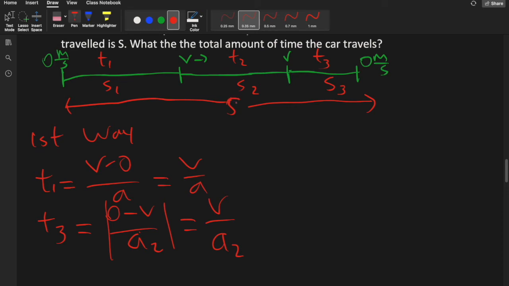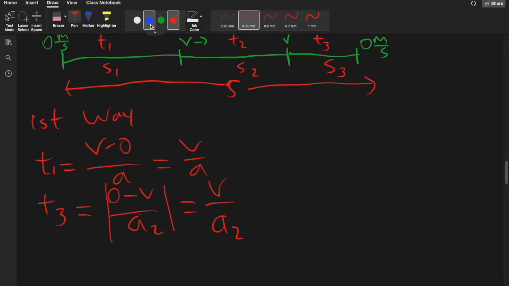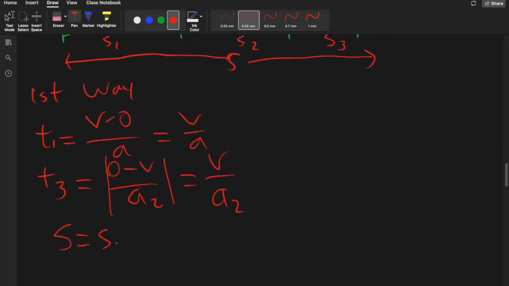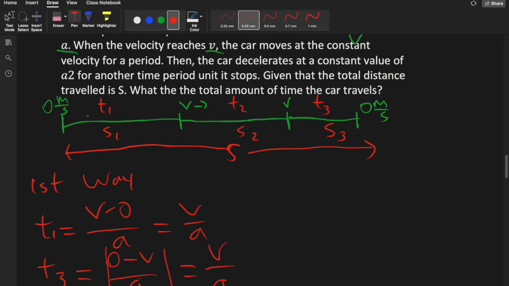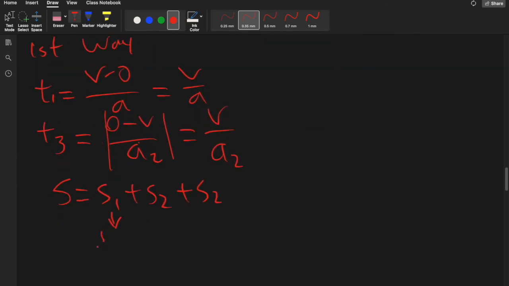We also know the total distance traveled by the car is s. So s is equal to s1 plus s2 plus s3. So s1, we know the initial velocity is 0, so it is equal to a half times a1 t1 squared, plus s2, plus s3.